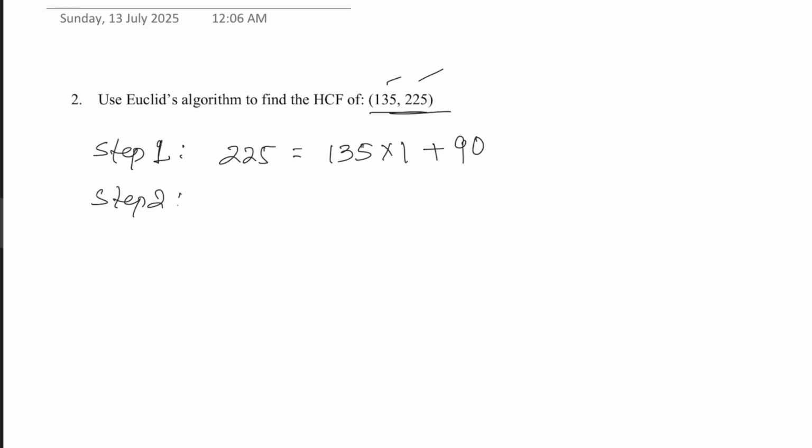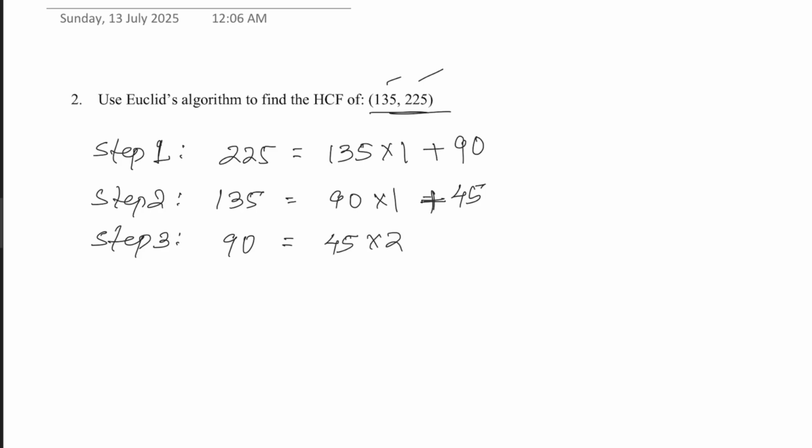Step 2: 135 is equal to 90 into 1 plus 45, which is the remainder. Step 3: 90 is written as 45 into 2 plus 0.